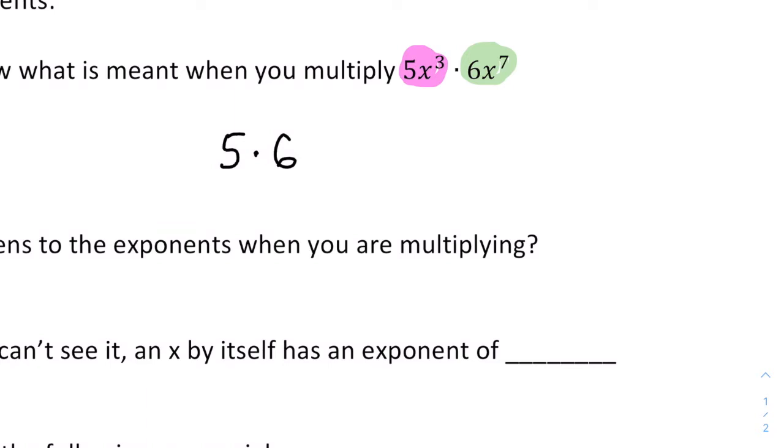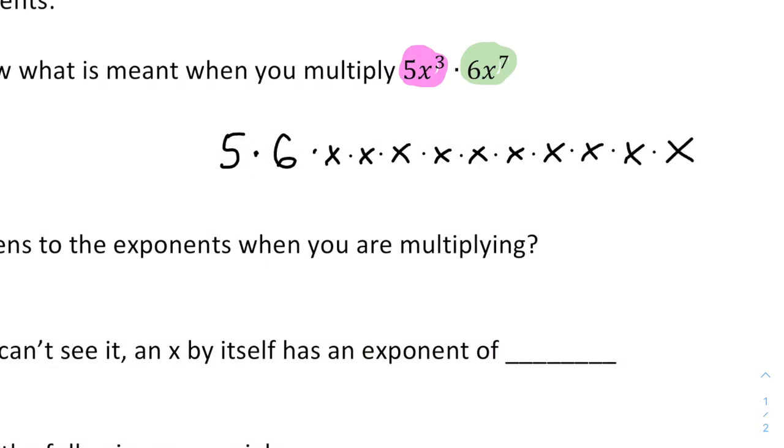Well, any exponent means we multiply something by itself. So x to the third actually means 3 x's. So we're going to say times x times x times x. And then x to the seventh is 7 x's. So we're going to say 1, 2, 3, 4, 5, 6, 7.